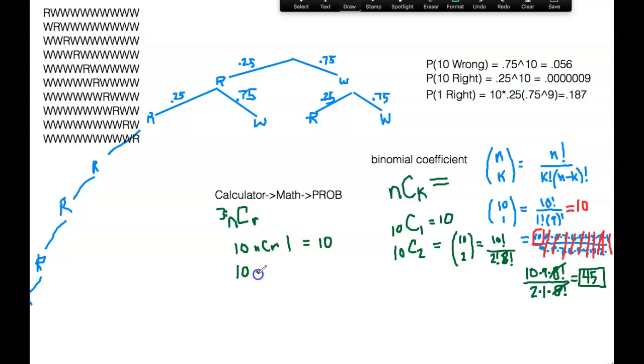And this, stepping through those directions, is on page 388. So the calculator stuff is on page 388. They always show the TI-84 calculator stuff. So find n.